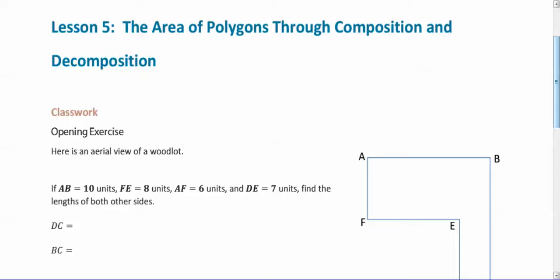So on those last 2 examples, we looked at shapes that we broke into smaller shapes and then we added their areas together. We call that composition. And I compare that to building a snowman, right? No, this isn't Frozen or anything like that. Do you want to build a snowman? But what we're going to do is take it piece by piece and add them all together. The other way we'll talk about is something different, but I'll save that for the end.